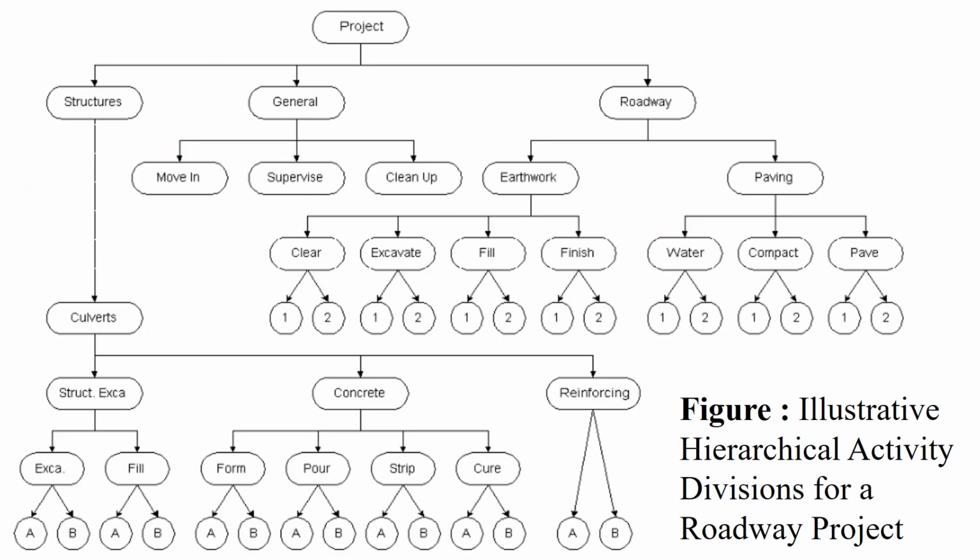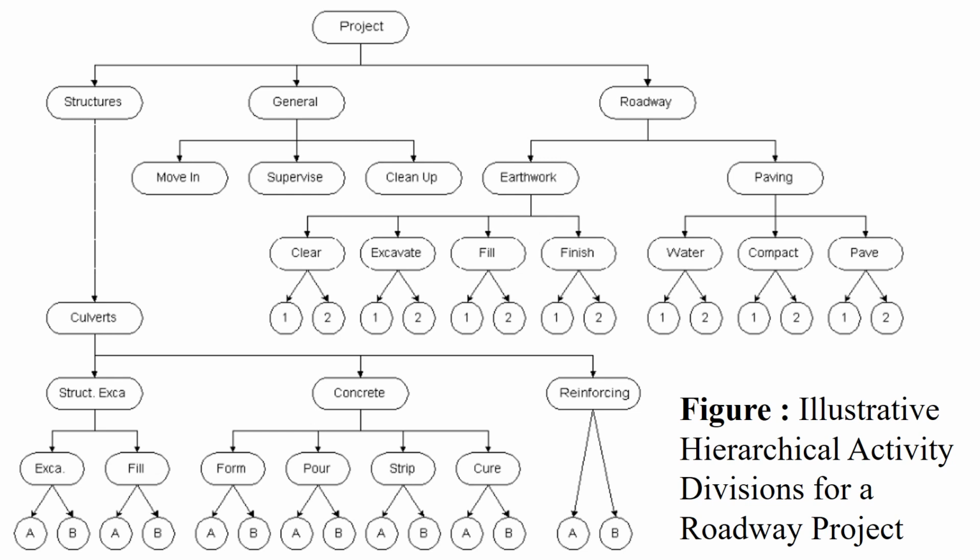In the project now, this illustrative hierarchical activity division for a roadway project, you can see how many activities are involved there. The activities are involved in such a fashion that it is too complicated to see, but we will see one by one. Now, in the project, there are three categories: structure, then general information, and then specifically roadway.